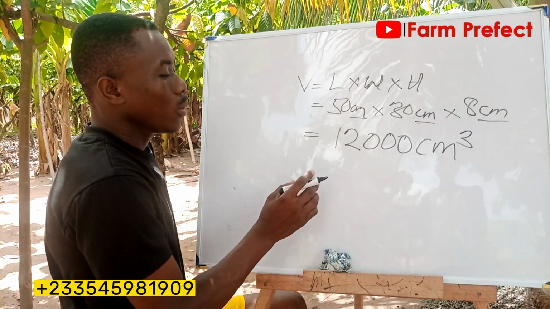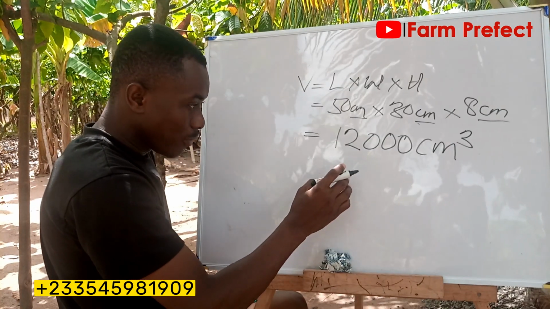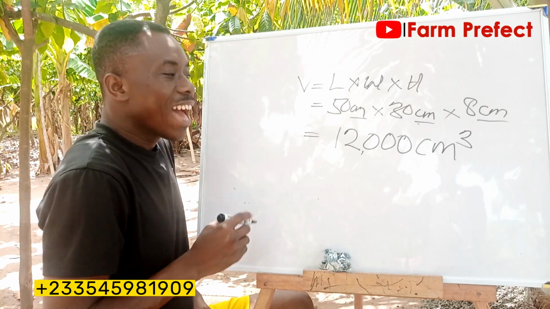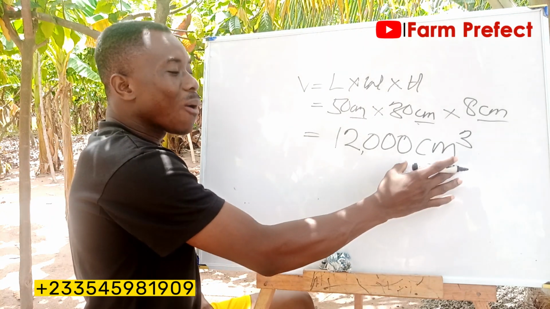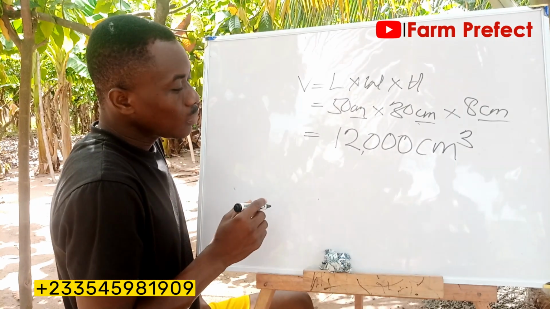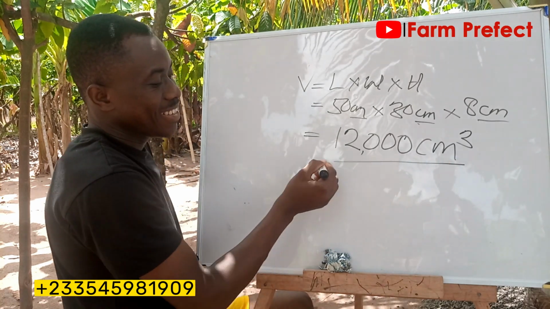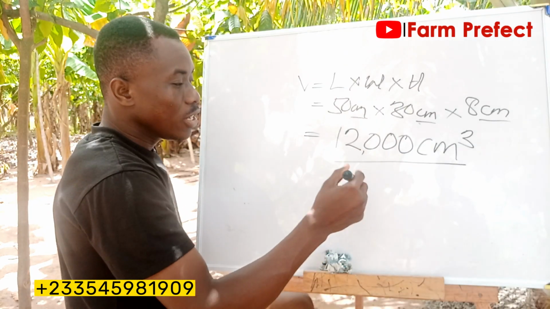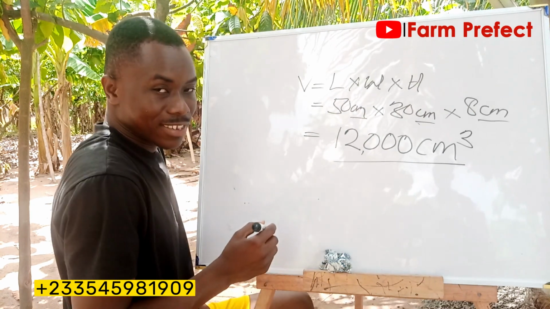All right. So we have 12,000 cm cube. Now, our next approach will be to get this cm cube converted into liters.